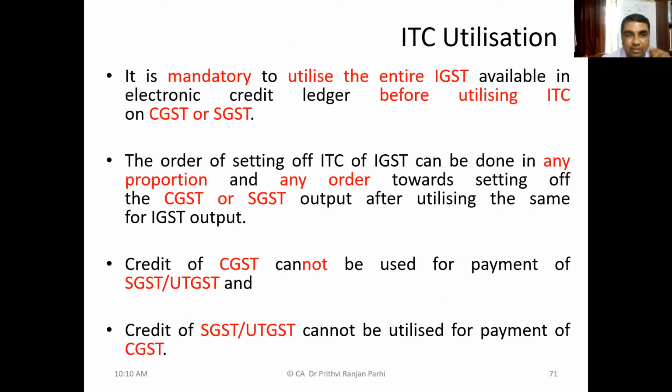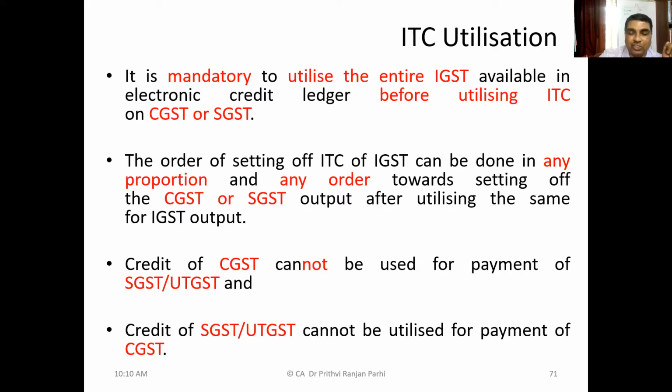Sir, I have a question. Yeah, please ask. Sir, if the ITC of IGST is not there, it is 0, and in CGST ITC we have 1000. Okay, now let me show you that question. His question is, if IGST is 0, how do we do all this?